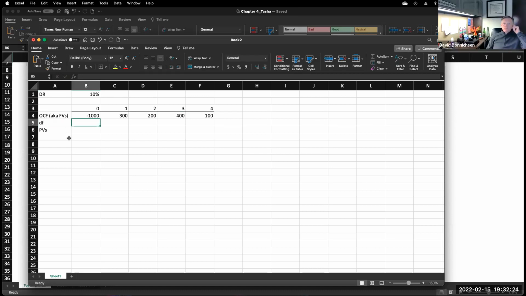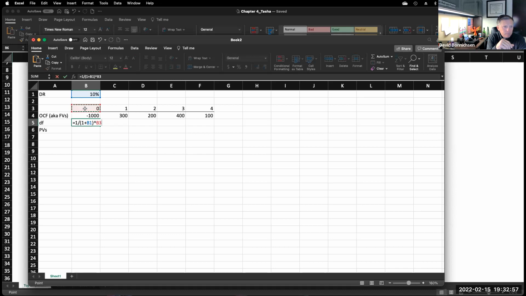Thank you, Ron. Now we just need to calculate the discount factor, which is nothing more than equals 1 divided by 1 plus my rate, raised to the time frame that I'm in. Now, what do I need to do with my rate so I can drag this formula?